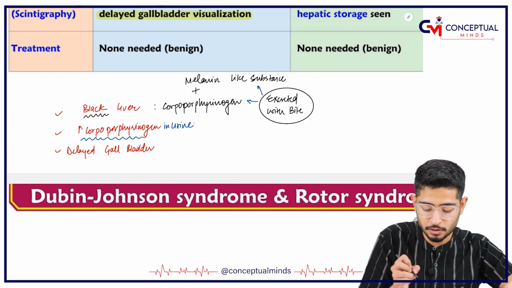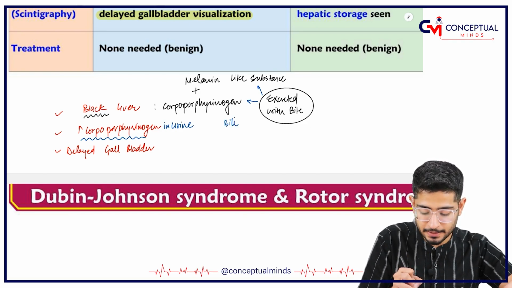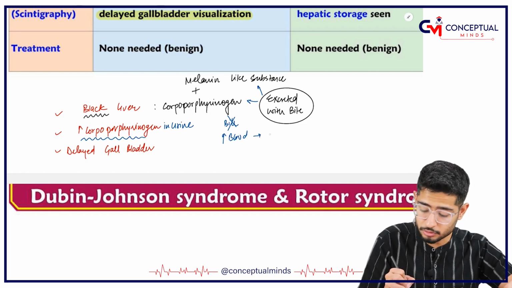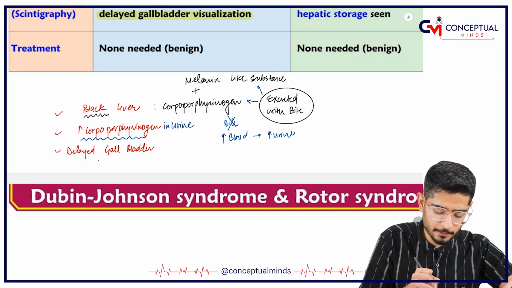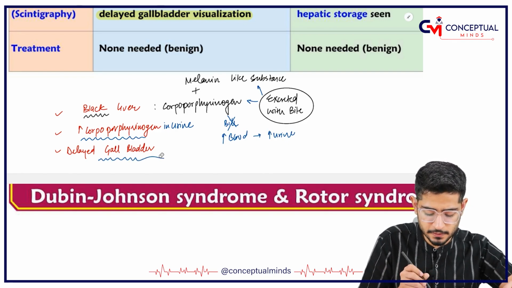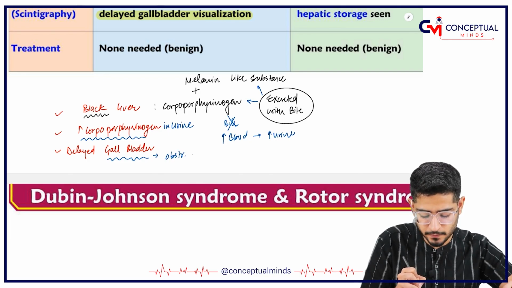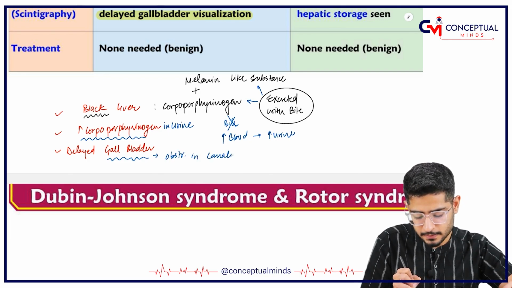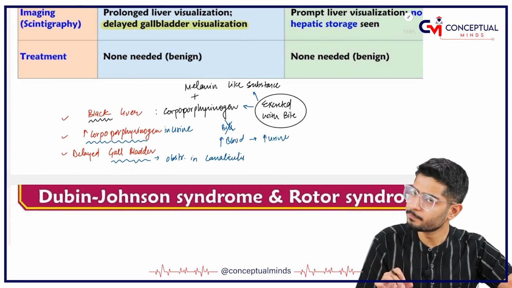Because now it is not going to the bile, and that's why it is going to the blood more, and from the blood, of course, it goes to the kidney, so there will be increase in the urine as well. There is delayed gallbladder visualization, of course, because of the obstruction in the canaliculi.